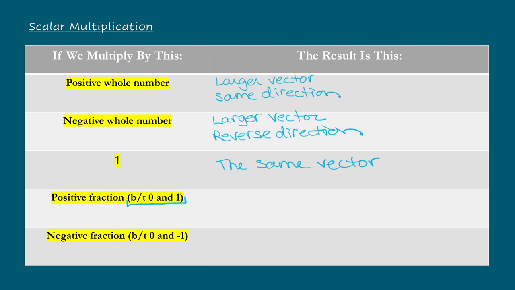Now, if I multiply by a positive fraction between 0 and 1, so we're not talking about a mixed number here. We're talking about a fraction that is less than 1. So we're not talking about a fraction that's like 1.5. We're talking about anything that's less than 1. The vector is going to become smaller. It's going to reduce the size of my magnitude, and it's going to stay the same direction.